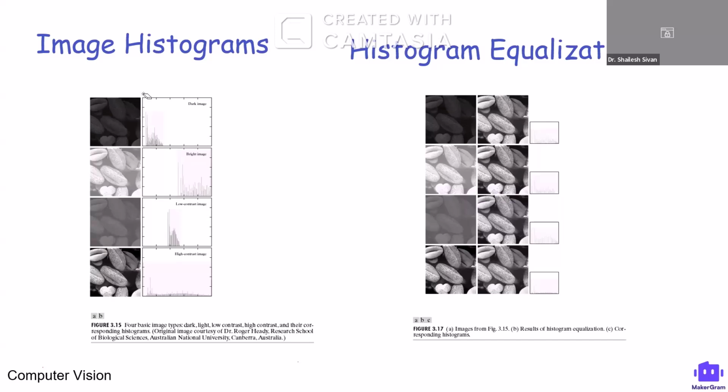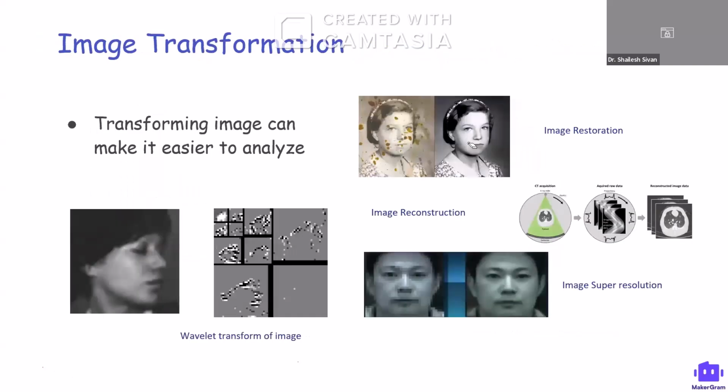On the y-axis, we count the number of pixels each intensity has. That representation is called a histogram. And histogram equalization is a process of equalizing the distribution of pixels within a particular image to follow a normal distribution.